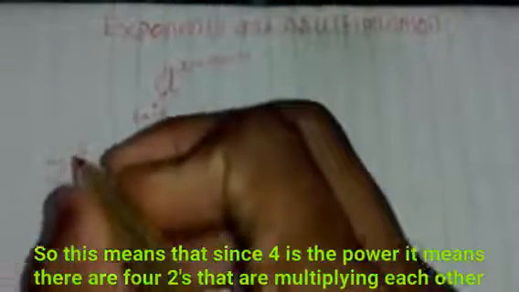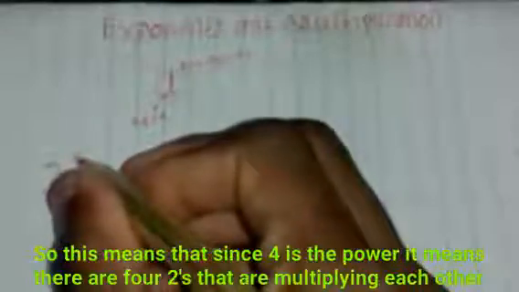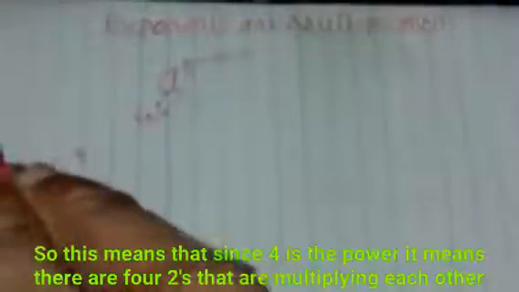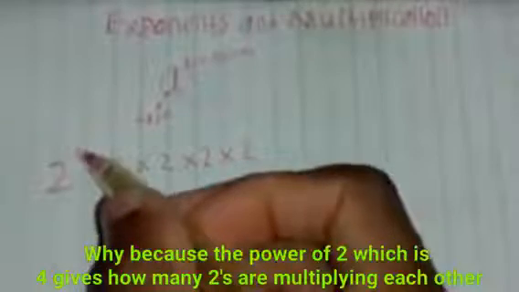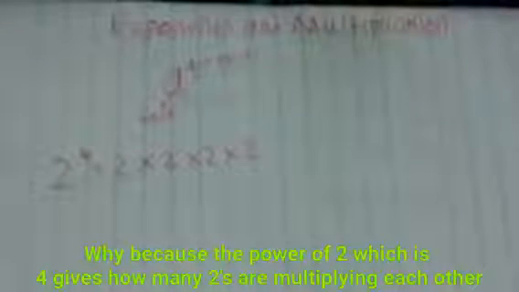It means that there are four 2s multiplying each other. So writing it in expanded form, you have 2 times 2 times 2 times 2. Why? Because the power of 2, which is 4, tells how many 2s are multiplying each other.